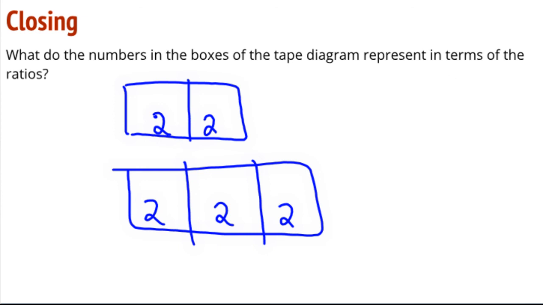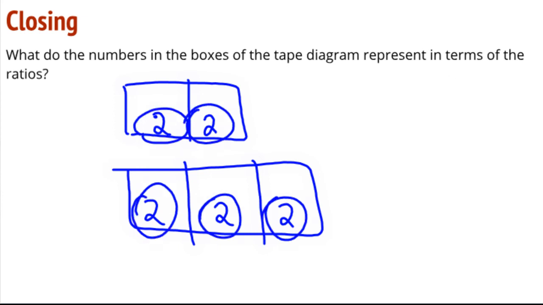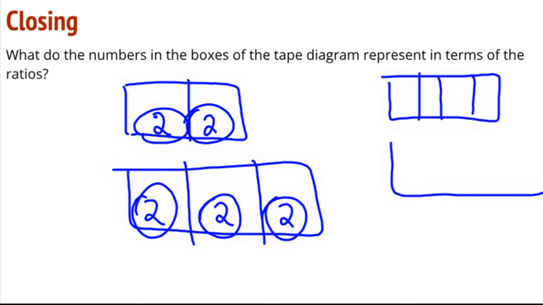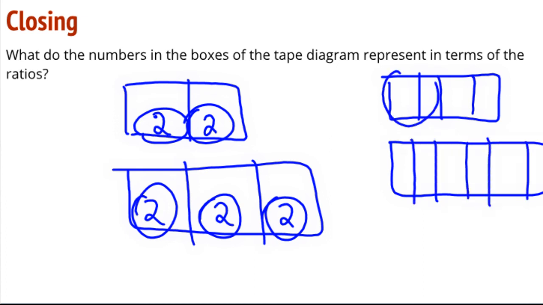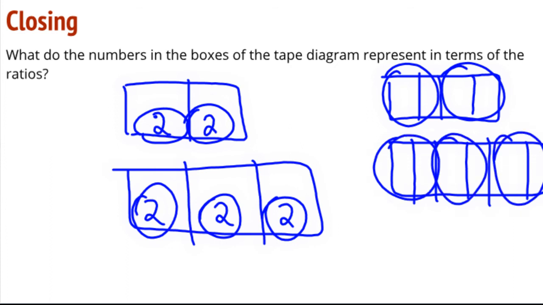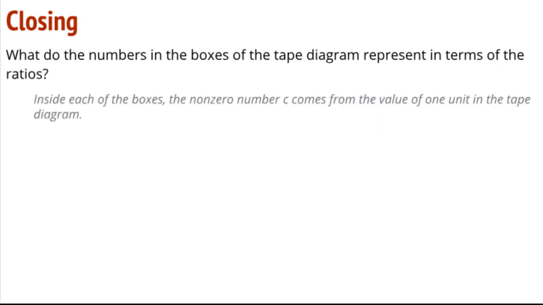That little c is the number we are multiplying by. Or, like I showed you with the 4 and the 6, it is also the number we can divide by, the size of the groups that we can make. So inside each of the boxes, the non-zero number c comes from the value of 1 unit in the tape diagram.